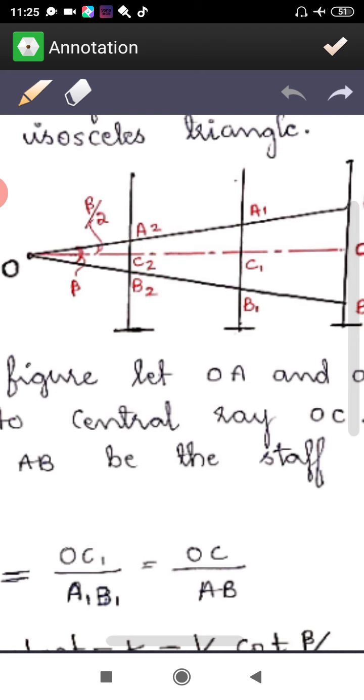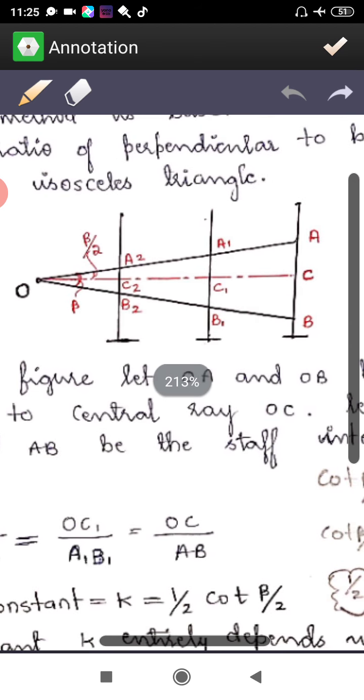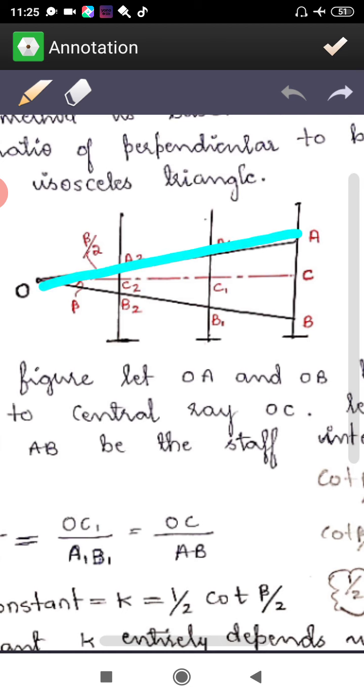Now from the figure, you will be having OA and OB, equally inclined to the central ray OC. This is the central ray OC. Now you can see how to carry out this experiment.